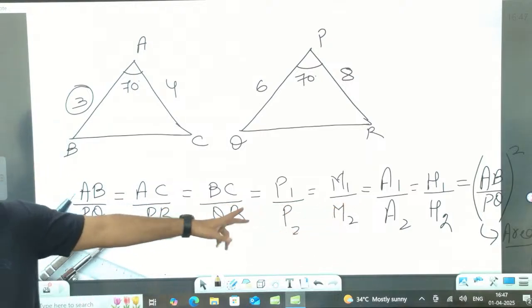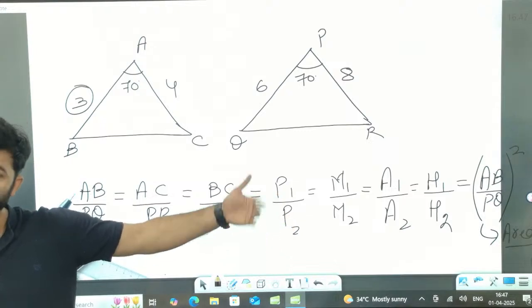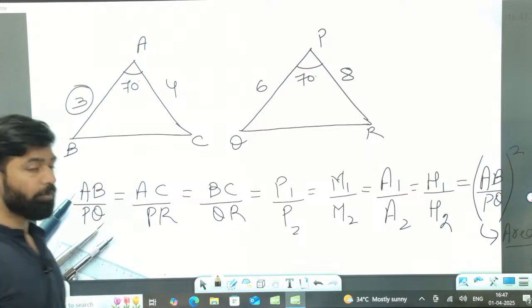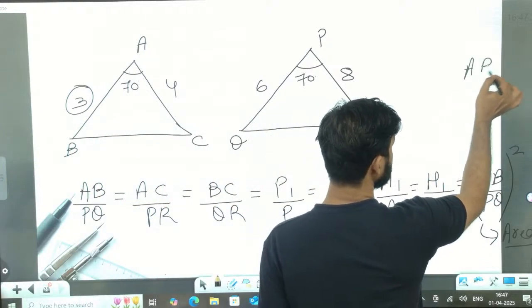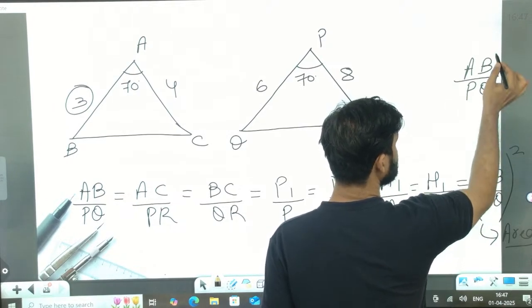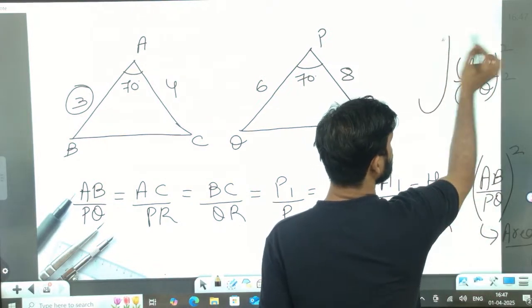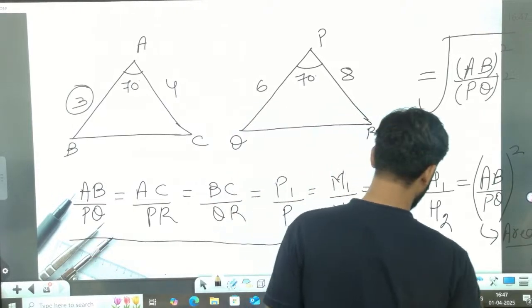If I square the ratio of their perimeters, then I will get the ratio of their areas. And one more thing: if I write it like this and take the square root, I will get the ratio of all these things.